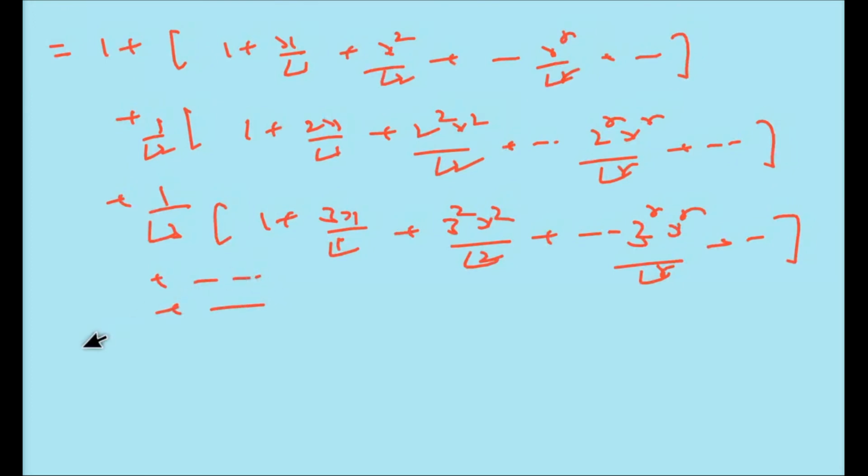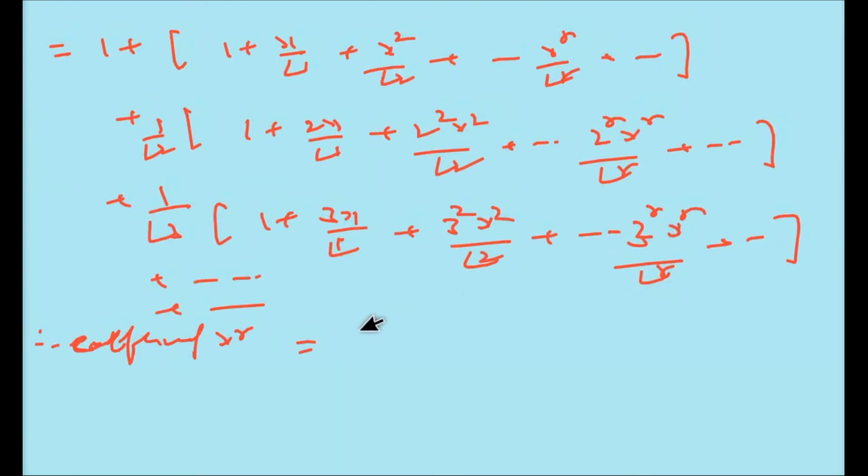Now we can check the coefficient of x to the power r. Here we got 1 upon factorial r, and 1 upon factorial 2 times 2 to the power r upon factorial r, and 1 upon factorial 3 times 3 to the power r upon factorial r.